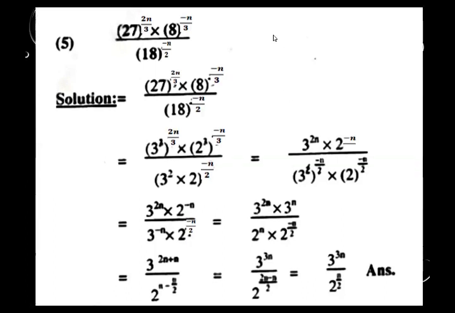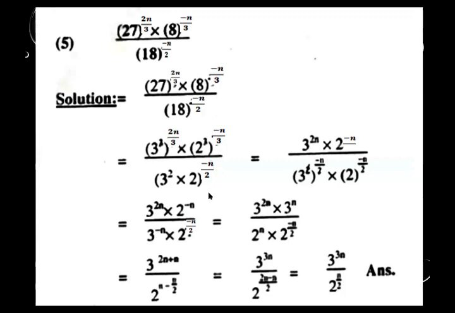According to the law of exponents, they both will multiply, so the 3s will cancel out, and we have only 2n as the exponent of 3. Go back to the previous step and follow. Similarly, 2 to the power 3, the whole power minus n over 3. What happened? The 3s will cancel and we have only minus n exponent on 2.